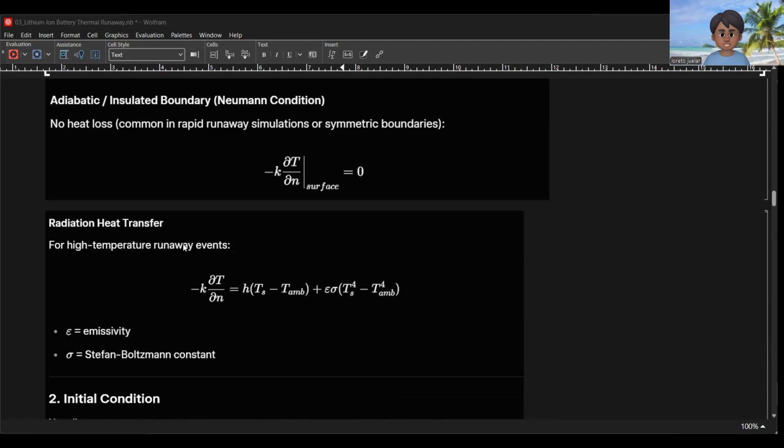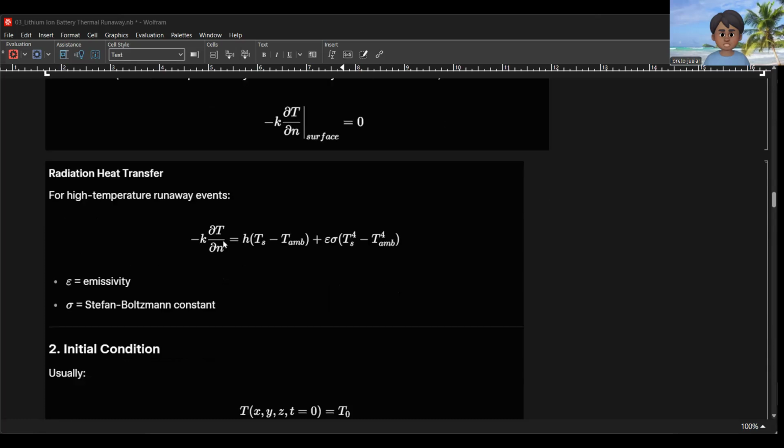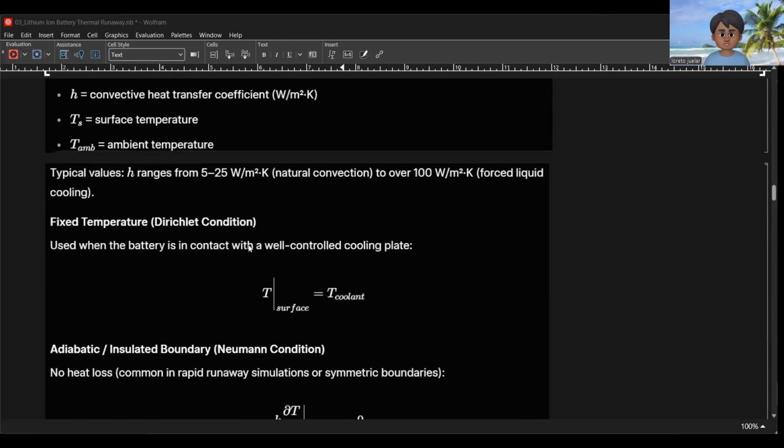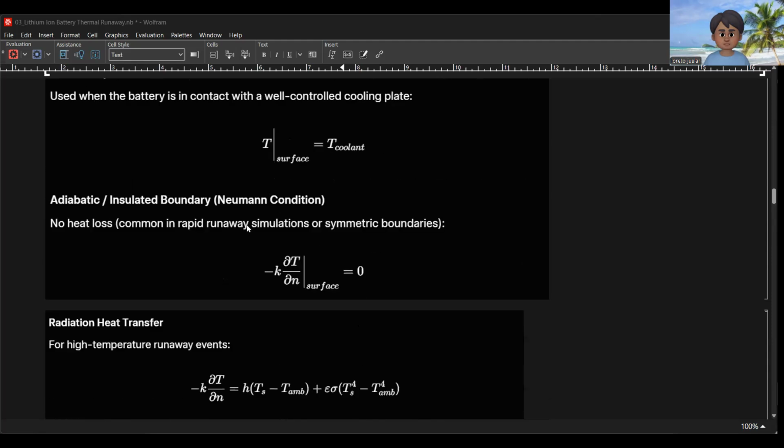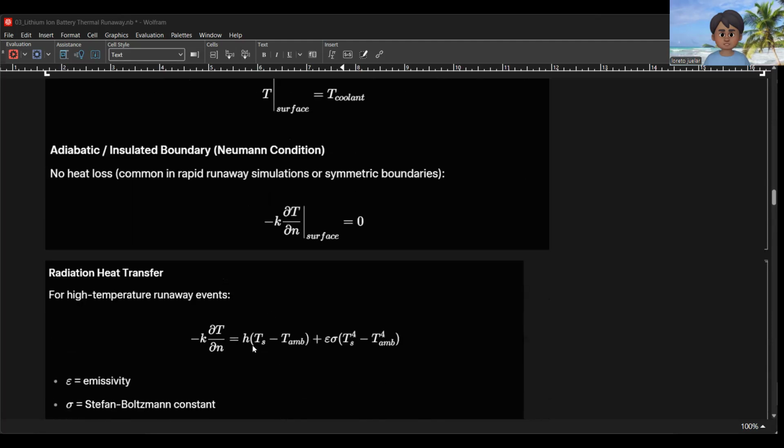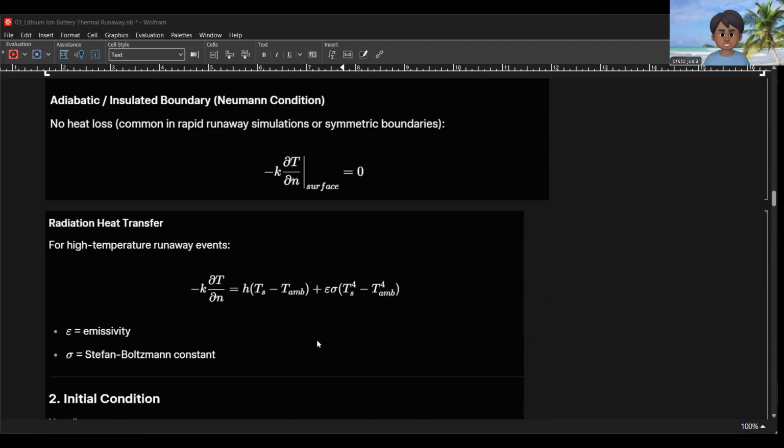So for the radiation heat transfer for high temperature runaway events, we have the partial of the temperature with respect to n, so we have negative k times the partial of T with respect to n equal to h, the convection heat transfer coefficient, times the difference between the surface temperature and the ambient temperature, plus epsilon, the emissivity, times the Stefan-Boltzmann constant, times the surface temperature raised to the fourth minus the ambient temperature raised to the fourth.